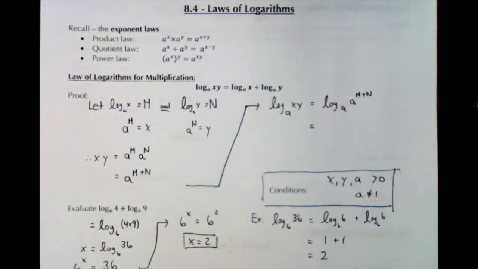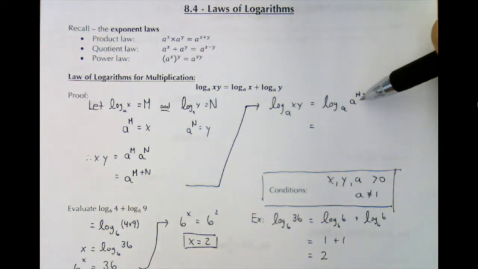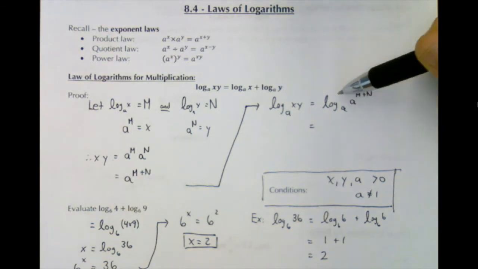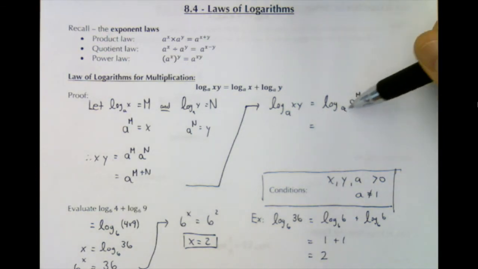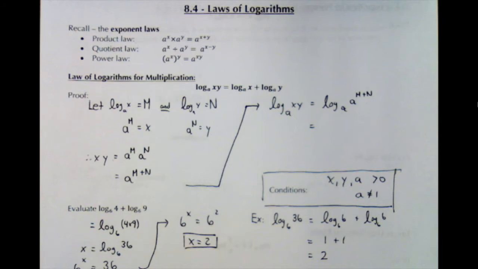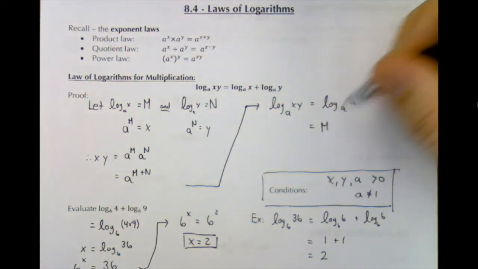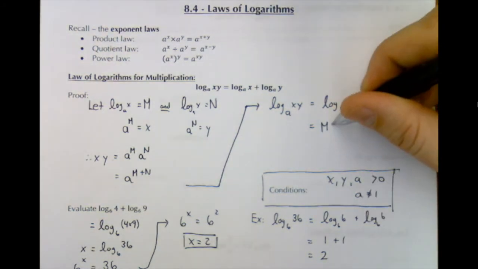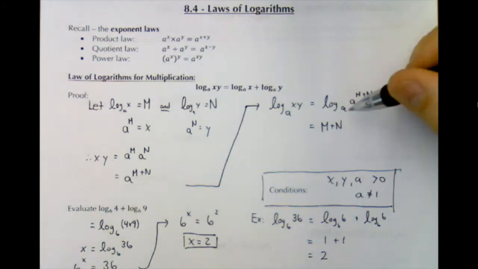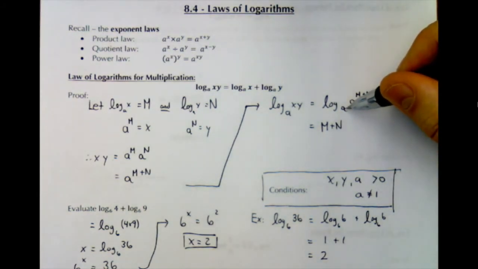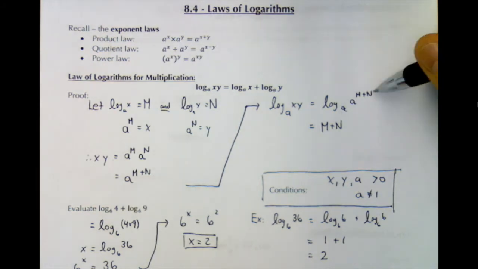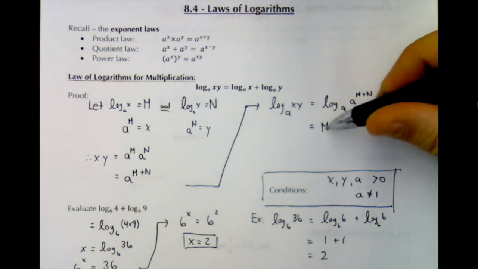And now we have something interesting. If we look at our common properties in our first lesson, we have a power inside a logarithm that share the same base. So we can simply rewrite that as the exponent on those powers. Because the answer to the question, what exponent do we have to raise a to get a to the exponent m plus n? Well, it would be m plus n.